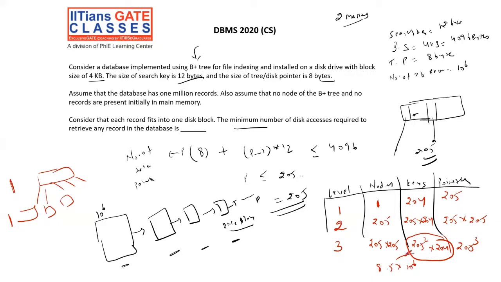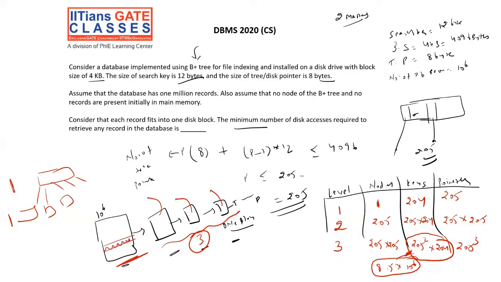Okay, up to 3 levels is sufficient. We can store all the information at level 3, right? So 3 levels means 3 block accesses are required from the index area to reach the record, plus 1 block from the database where the actual record is there.